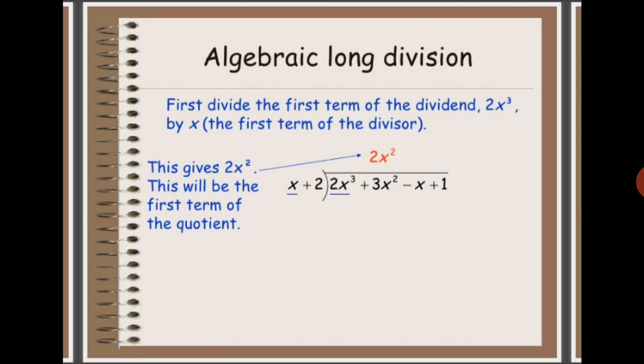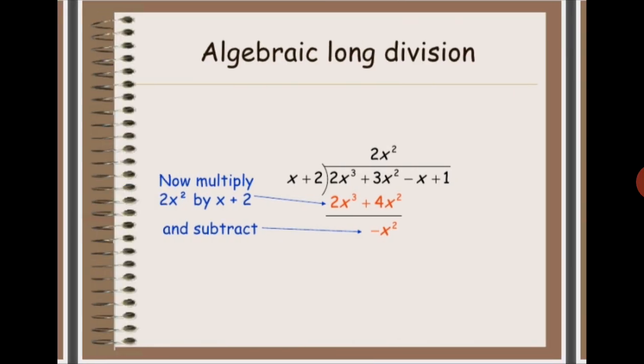So the next step of your long division will be the multiplication of the divisor and the quotient, which gives you 2x cube plus 4x square. You can see it's written over there. We have multiplied 2x square by x plus 2. Once done, the next step of division is always subtraction.